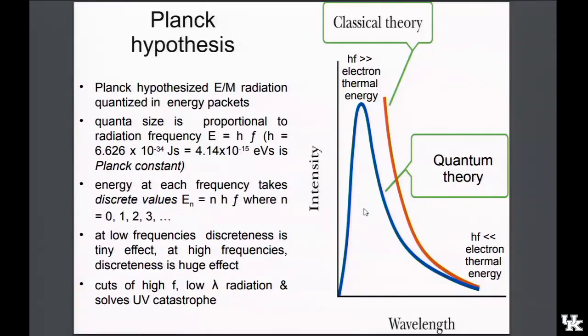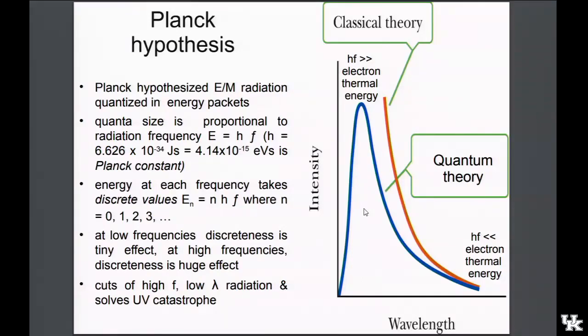So that was an idea, but he backed that idea up with an equation for the energy, the size of these packets, these quanta, in terms of the frequency of the electromagnetic radiation. And that's the equation that you see here. His idea quantitatively was that the electromagnetic radiation comes in packets.